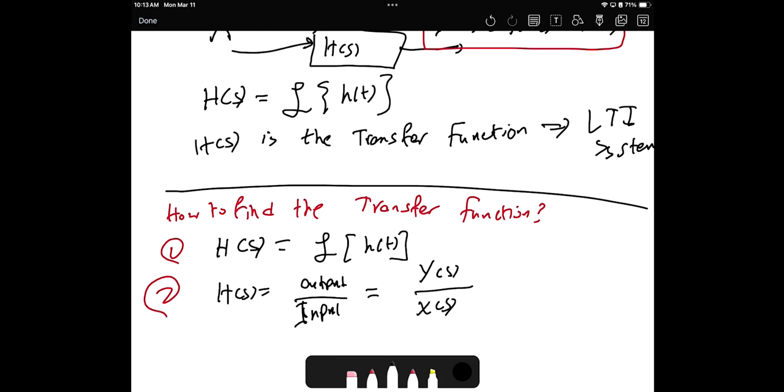So if you don't know what's h of t, then you can find h of s by saying y of s over x of s. If you know h of t, then you can do Laplace transformation for s. So it depends on what tools you use. Okay?